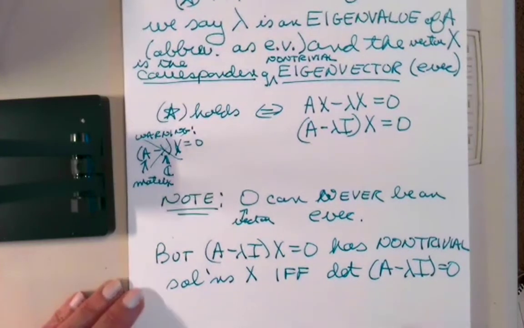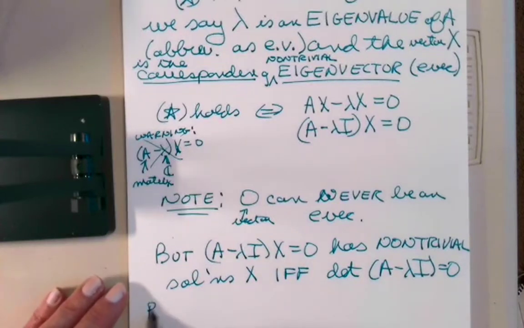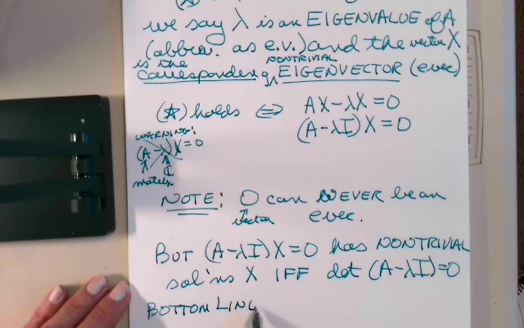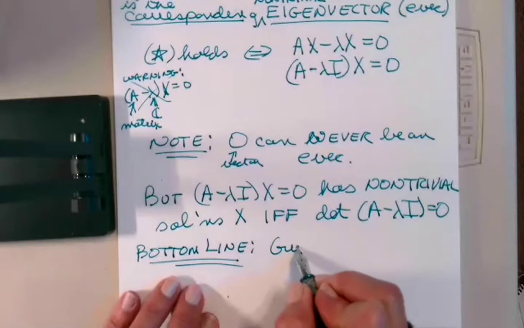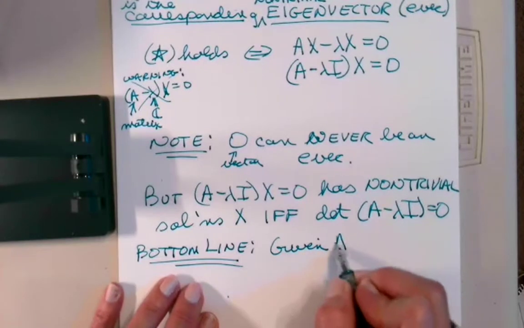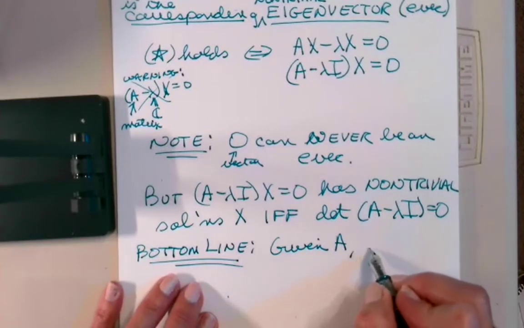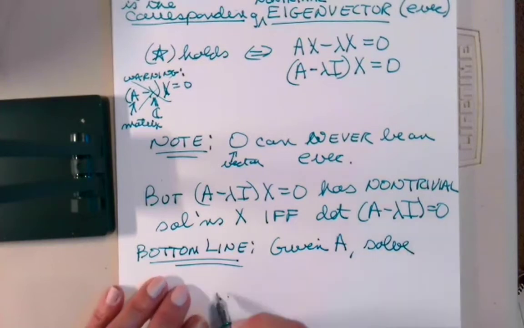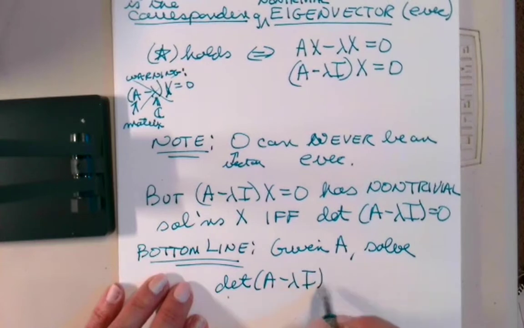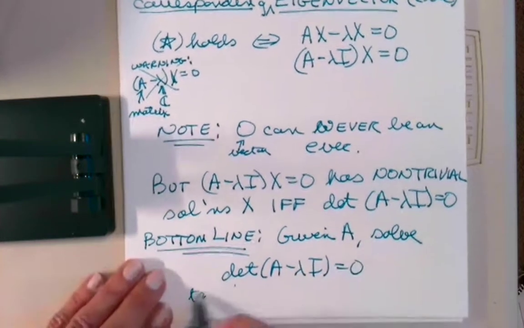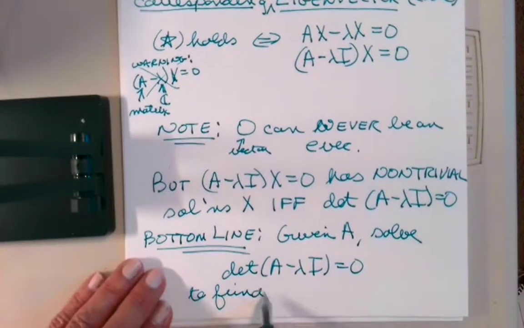So the bottom line is, to find an eigenvalue given A, solve the determinant of A minus lambda I equals 0 to find the eigenvalues.